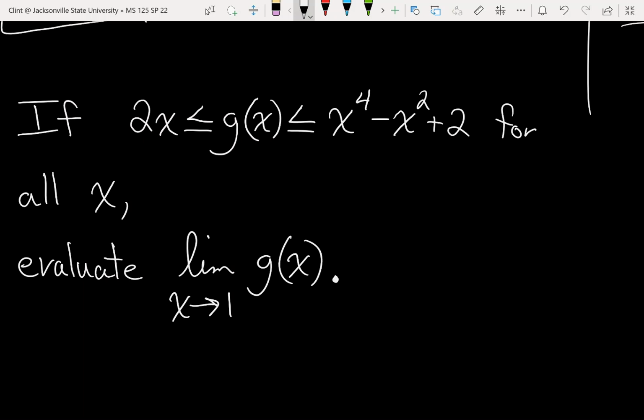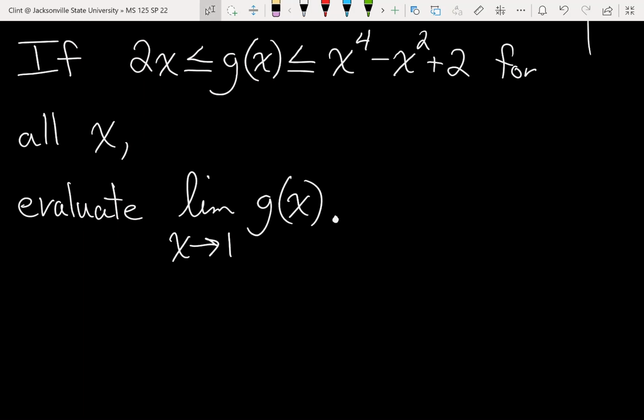It's called the squeeze theorem. It says if we have a function that we know is between other functions everywhere, or at least around the place where we're trying to find the limit, then if the limit of the smaller function and the limit of the bigger function are the same, the limit of the middle function has to also be that. So really we're just checking two other limits on this one.